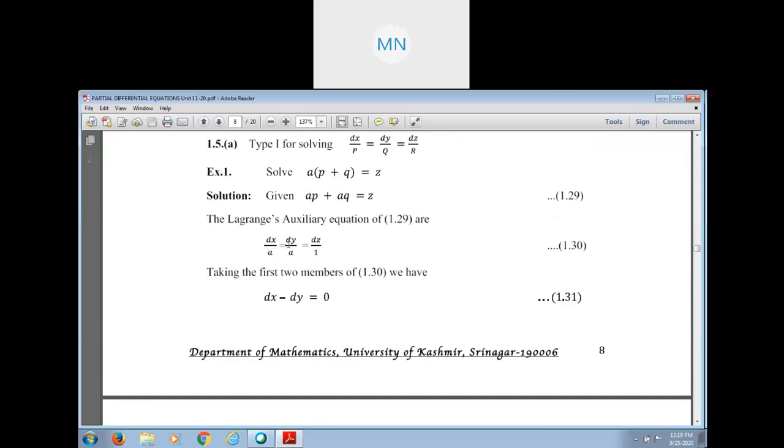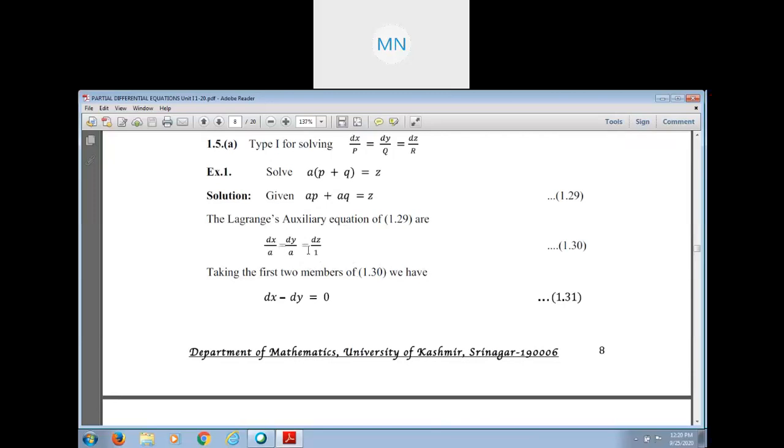Lastly, the first and second term we have already considered, and the second and third term also considered, and lastly we take the first and last term.